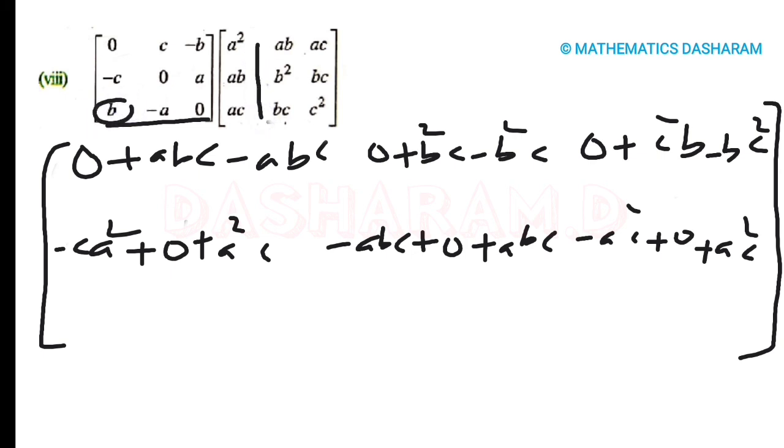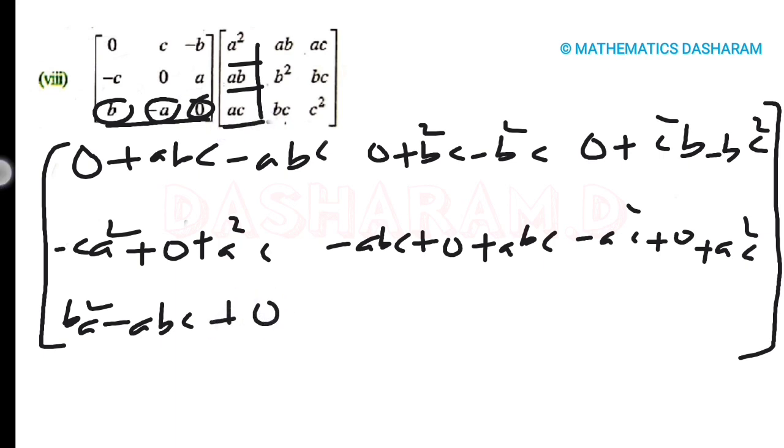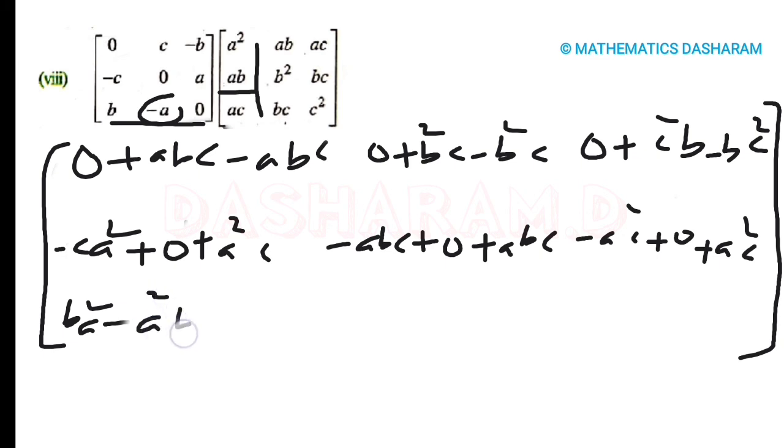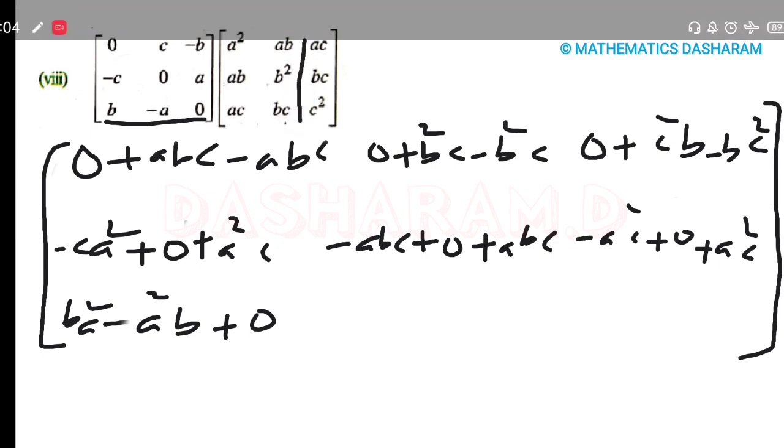Next one, third row multiply with the first column. See, b into a square, ba square. Next, minus a into ab, minus a square b, 0 into ac, 0. Next, same third row but multiply with the second column.